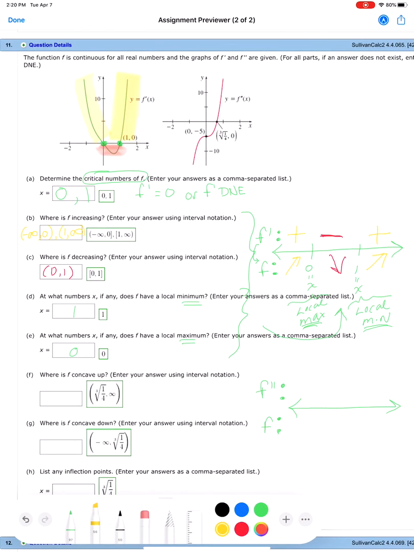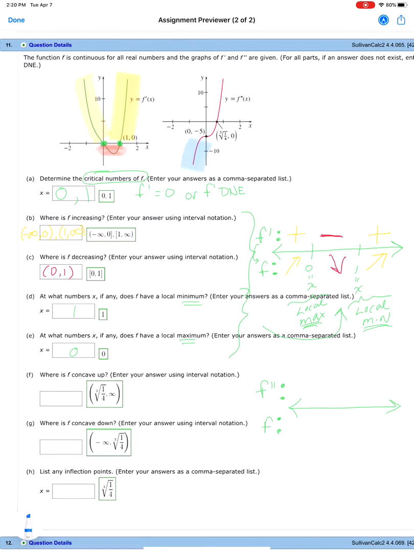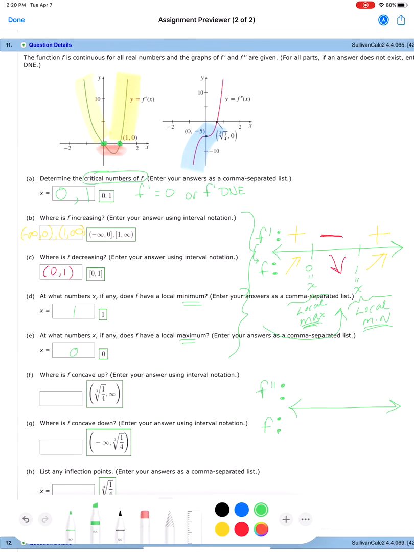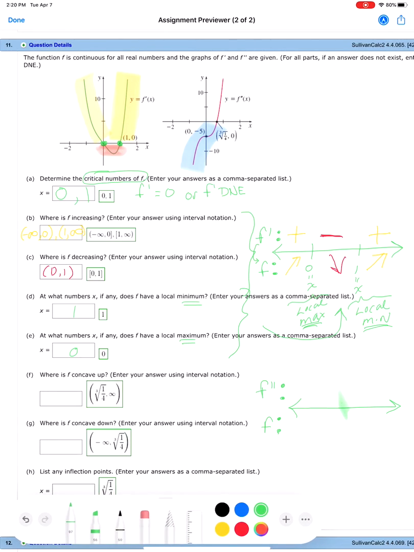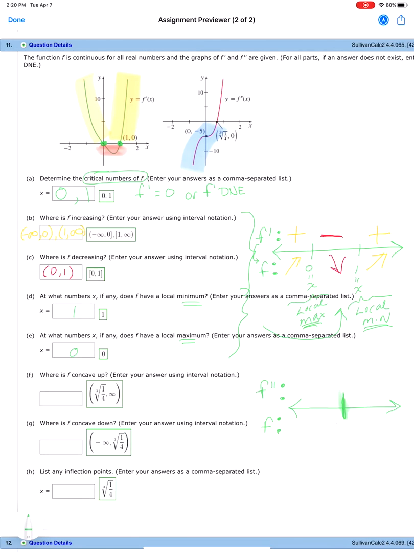So if we take a look at where our second derivative is, on this graph, we start off with our second derivative negative everywhere before this point at the cube root of 1/4. So right here at the cube root of 1/4, that's when our second derivative was equal to 0.